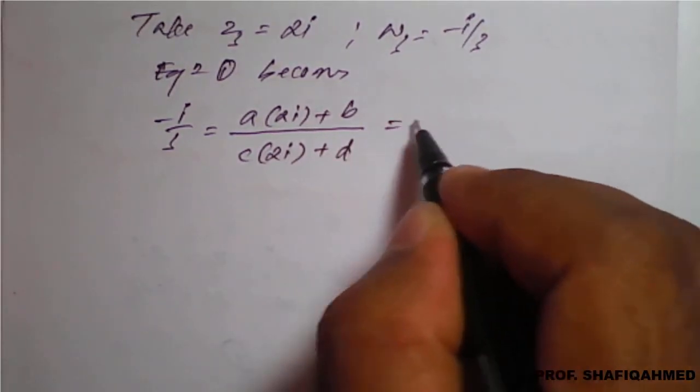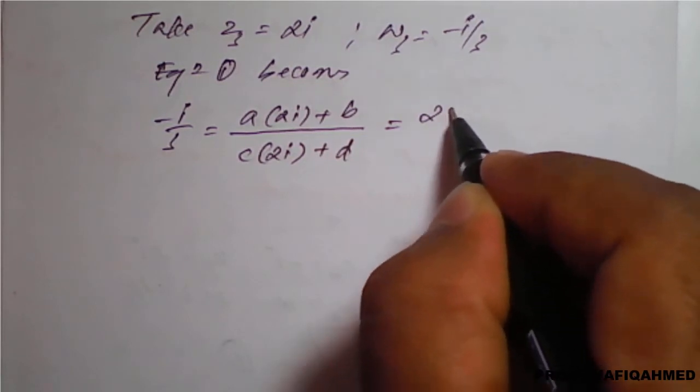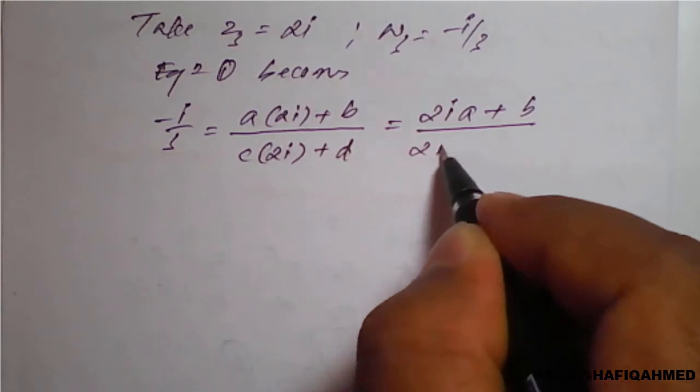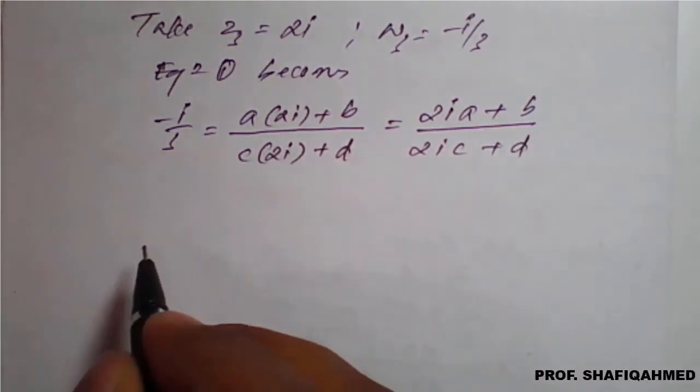On rearrangement, the right-hand side is (2ia + b)/(2ic + d).